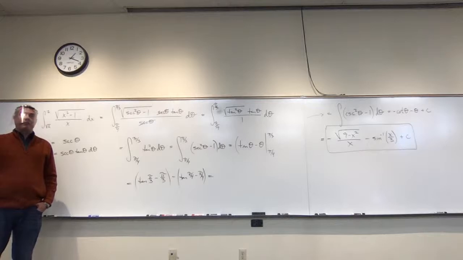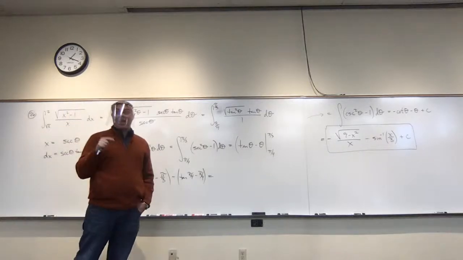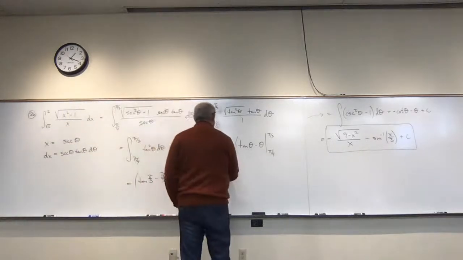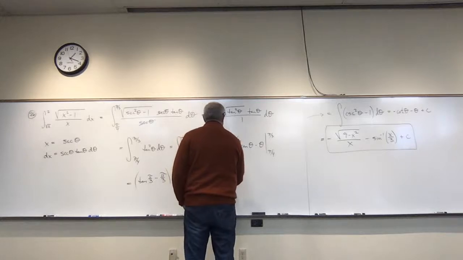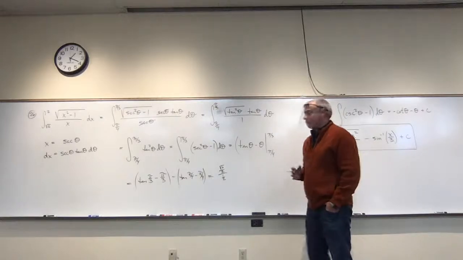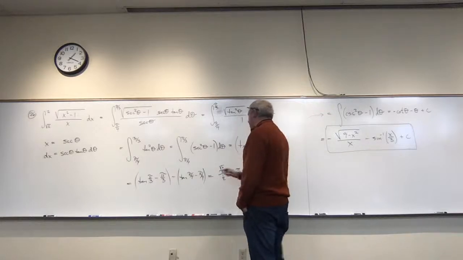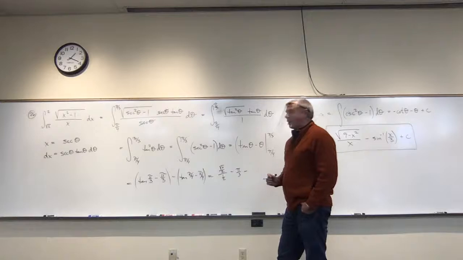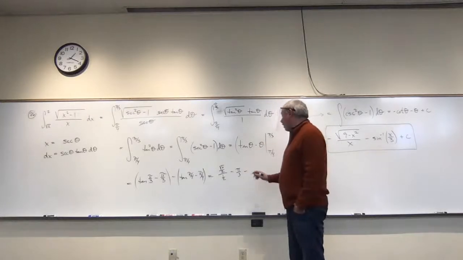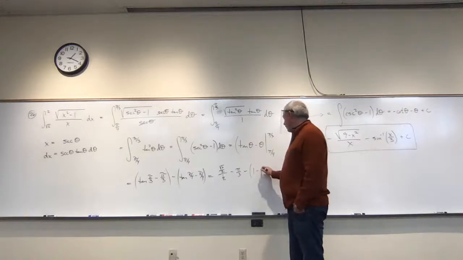What's sine of pi over 3? Yeah, root 3 over 2. And then cosine of pi over 3 is a half, right? So it's root 3 over 2 over a half, which is root 3. But we'll write it in a second. Minus pi over 3, minus tangent of pi over 4. Tangent of pi over 4 is what? 1. So it's minus 1 minus pi over 4.